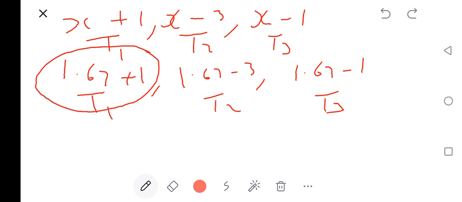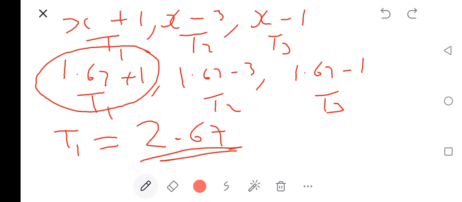So if you add this, your term 1 is 2.67. That's all. Your term 2, it will be 1.67 minus 3, 1.33. Actually, negative. So your term 2 is negative 1.33. And then your term 3, just like that.